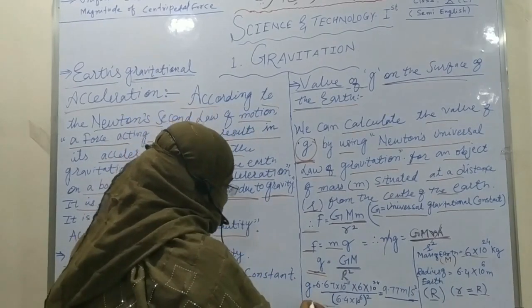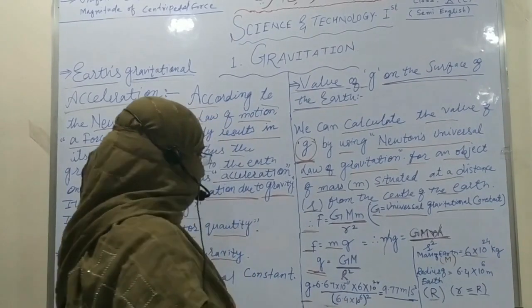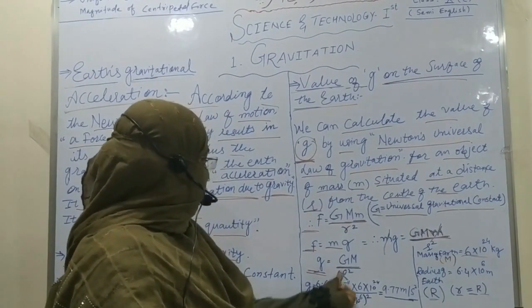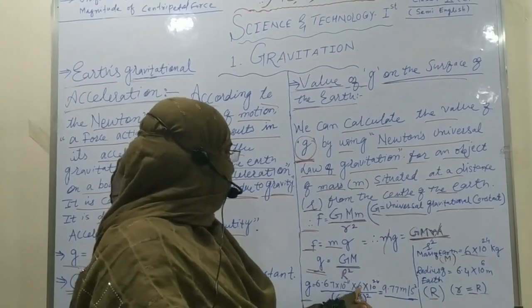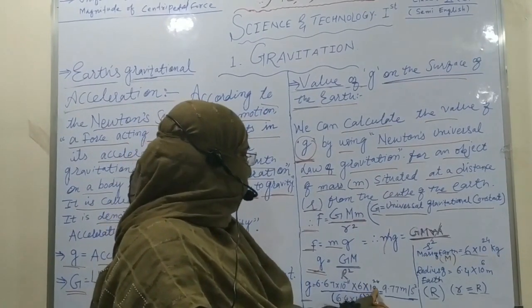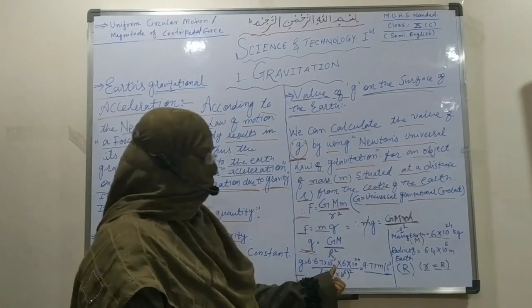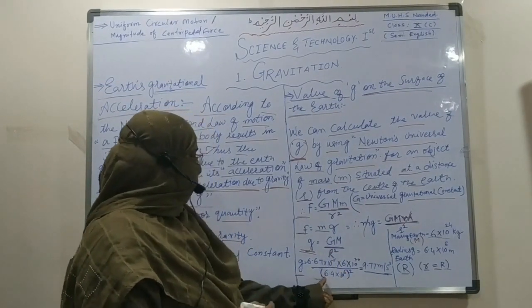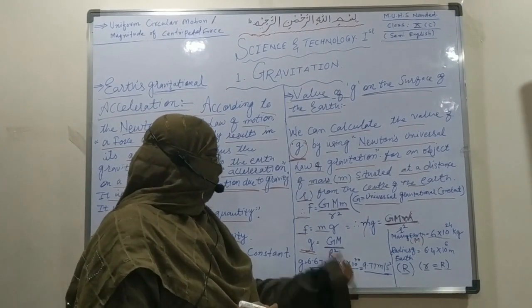So for calculating the value of g, we put in all these values: g is 6.67 into 10 raised to minus 11, into capital M, that is 6 into 10 raised to 24, divided by capital R square, that is 6.4 into 10 raised to 6, whole square.